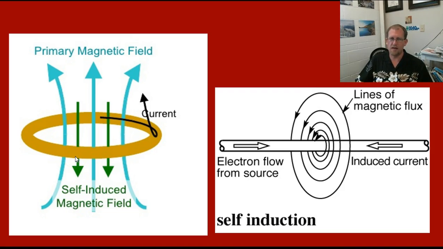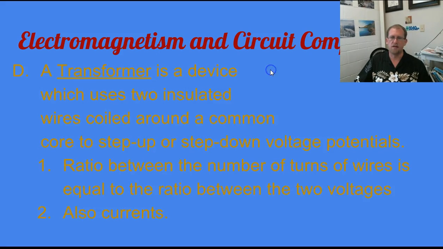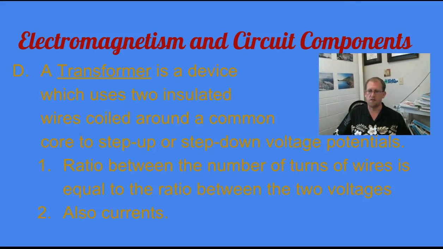So it slows down changes of current, okay? And there's just another diagram for this. An electron flow from a source down a wire causes a magnetic field which creates a reverse induced current. This is self-induction, okay? And that's what happens in those inductors, excuse me.